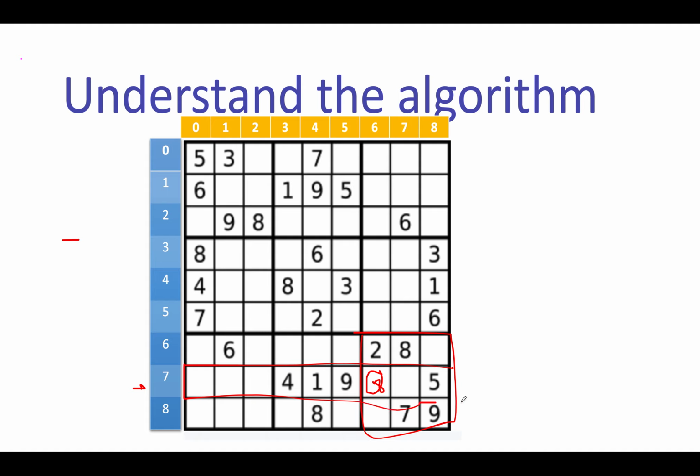Let me highlight the row by R and the column by C. So you will iterate from the 0th index up till the 8th index and check whether board of row comma 0 till 8 doesn't hold an 8 value. If it does, then a violation has happened.